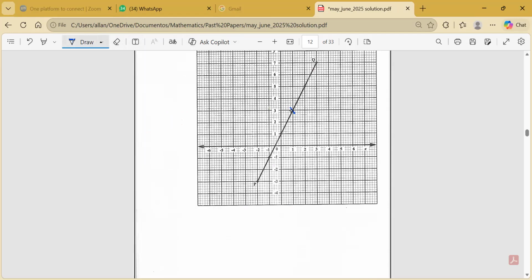No, that is not 3 and 1. So 1 and 3, that's 1 on the x, 3 on the y. That's the coordinate. So this is correct. This is wrong.